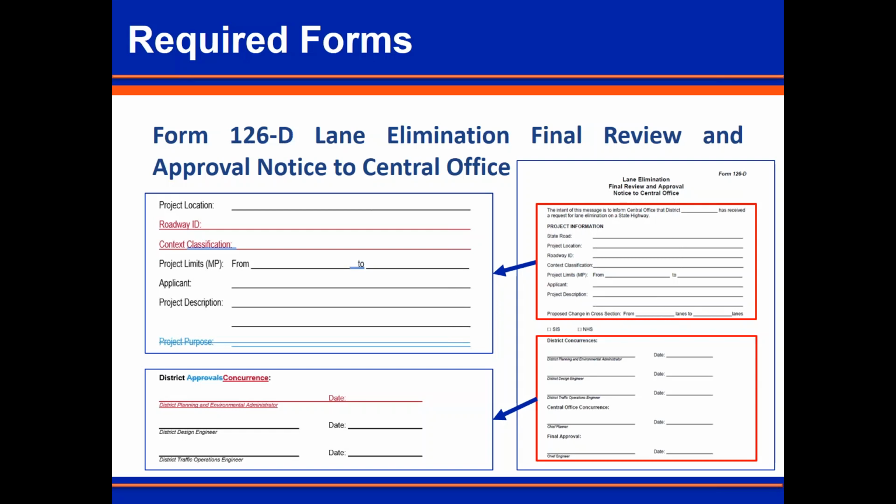And please notice how instead of approval at the district level, now concurrence is required by the district planning and environmental administrator, district design engineer, and the district traffic operations engineer. At the central office level, this form will receive concurrence by the chief planner and final approval by the chief engineer.